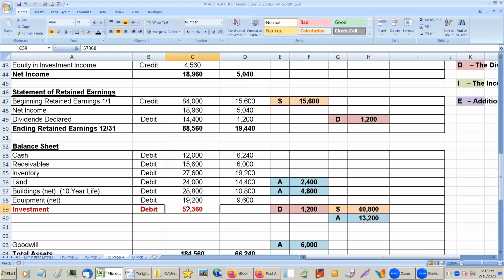Remember back in the day, we would go through that equity investment and take out the dividends. Well, we took out the 1,200. If we're trying to get rid of this account, we're kind of unmixing the cake.